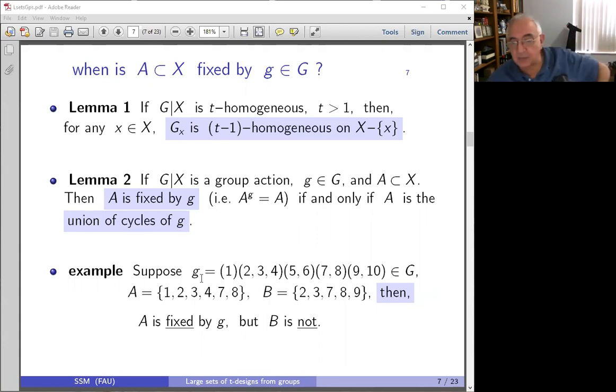So here's a little example. If I look at the element g that I have written here, the set A is fixed by g because it's the union of these cycles, 1, 2, 3, 4, and 7, 8, but B is not fixed.